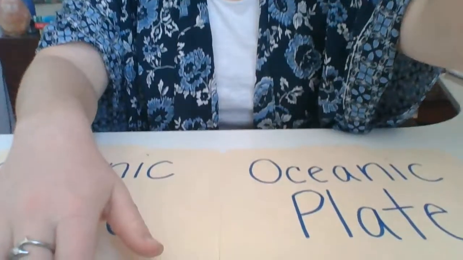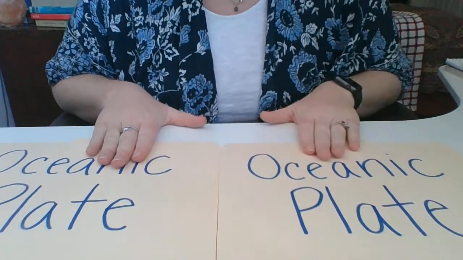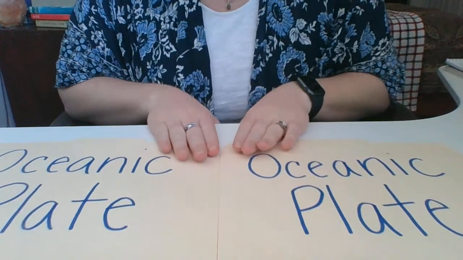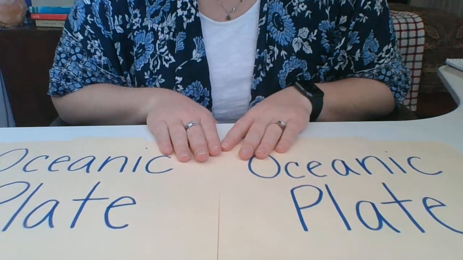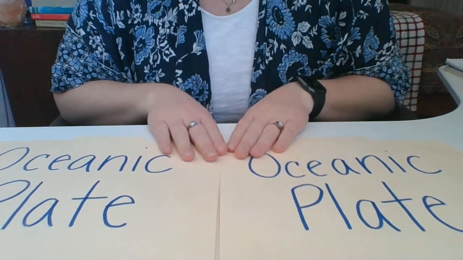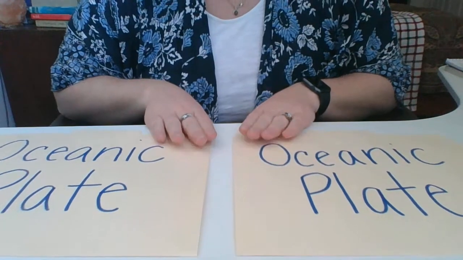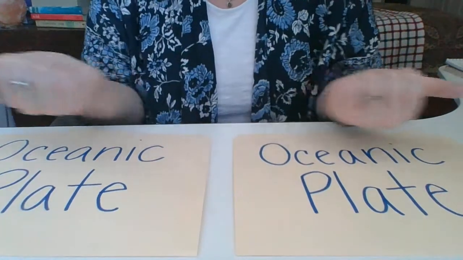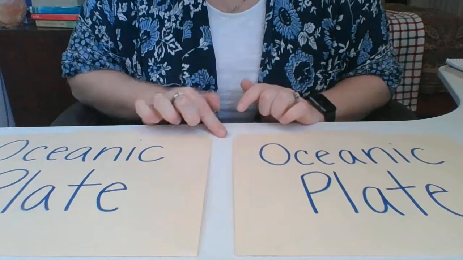So we have our oceanic and our oceanic plate, and they are divergent, which means that due to convection currents, like we learned about on Thursday, these plates are being pushed away from each other. Those convection currents occurring in the mantle are pushing these oceanic plates away from each other.